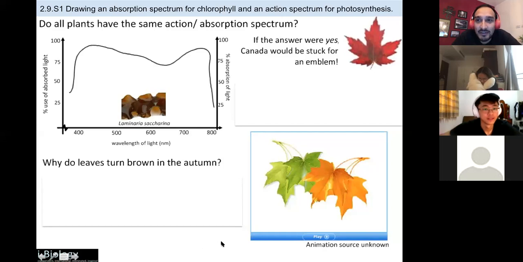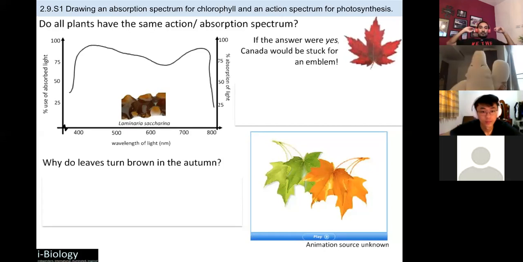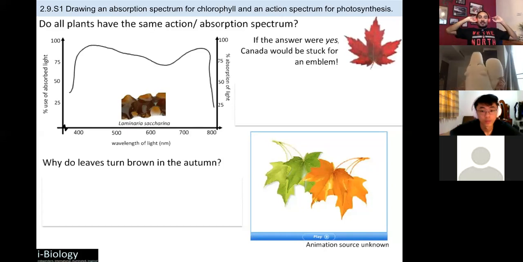And think about how photosynthesis rules the world. Let's finish with this, guys. I was alluding to this, but just the fact that there are plants that have different colors, right? What we have been saying about the absorption and action spectra is specific to a green plant where most of its pigment is chlorophyll.